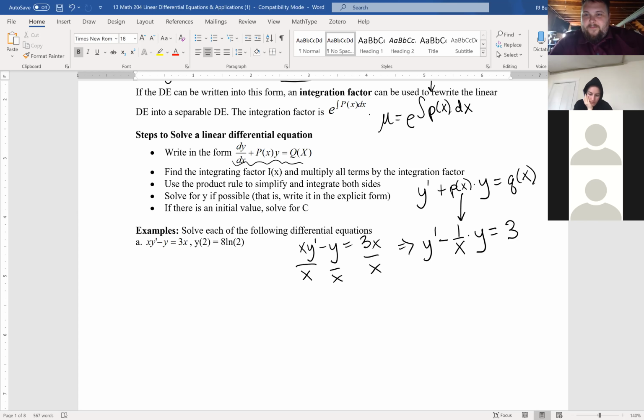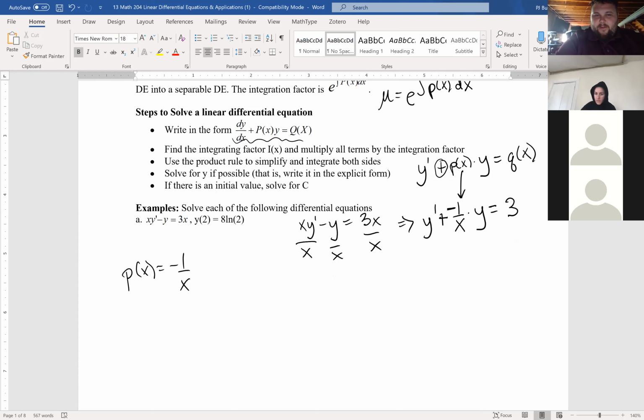Now, another thing that you have to be careful of is the format is plus. And in our problem, it is minus. So we need to take that negative as part of our p of x. So I'm going to go as far as to write it as plus negative 1 over x. So our first thing is to identify p of x, and that is negative 1 over x.